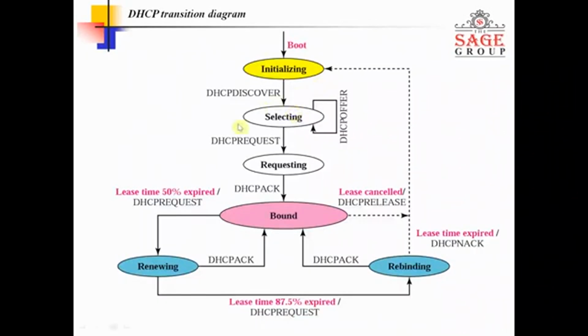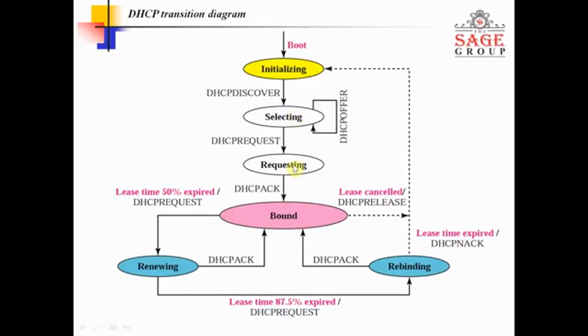It is done by selecting. Then it analyzes and decides which IP should be sent to the client. After analyzing, it sends the request from selecting to requesting.